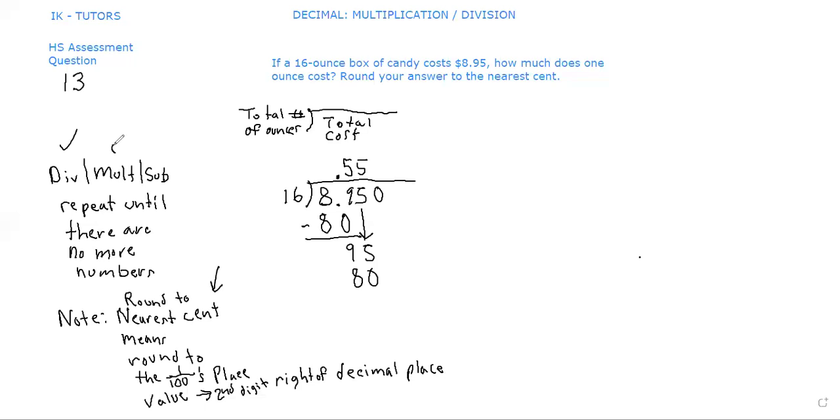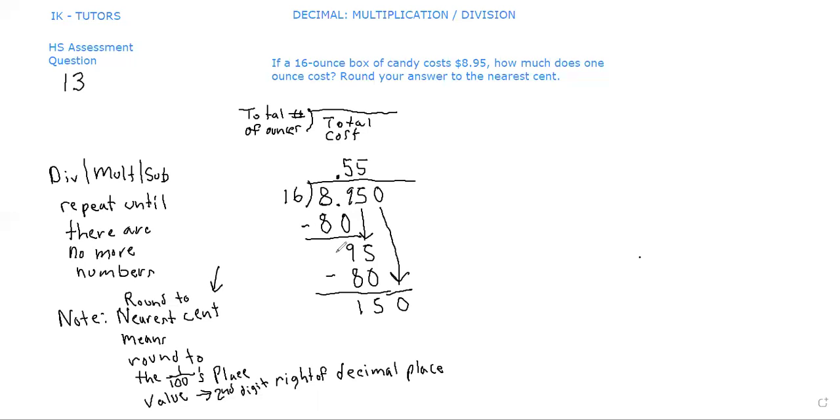That's our multiplication. Then we subtract that 80 from the 95. 95 minus 80 gives us 15. That's our subtraction. Then we repeat again. We have another digit, which is 0, so we bring it down and go through the same 3 operations again.